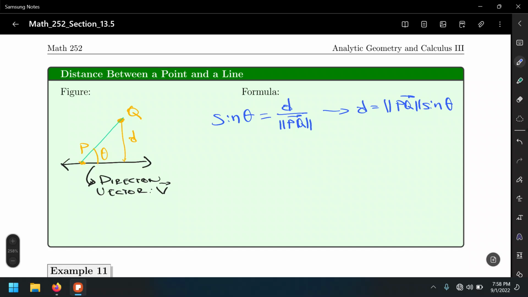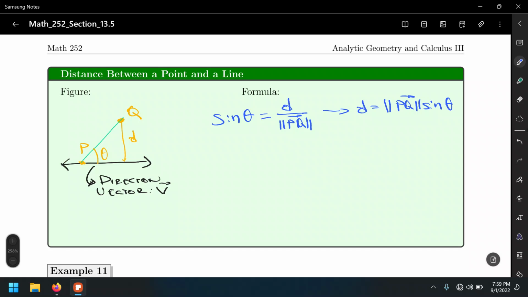In this case we're not going to be given the angle, and in fact we don't even care about the angle. We're going to use a definition from last time, one definition for the cross product. Remember the dot product of the vectors is the product of the magnitudes times the cosine of the angle, and that was the formula we used to find the angle between two vectors, and today we use it to find the angle between two planes.